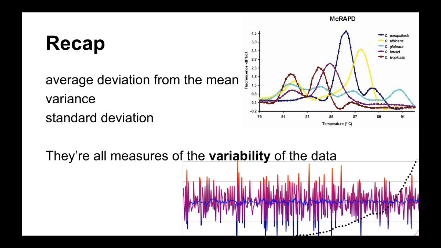On the top, we have fluorescence emitted by a certain, I am going to guess that is a fungus, Candida, I imagine. So fluorescence would be the light response, depending on the temperature that this fungus is exposed to.